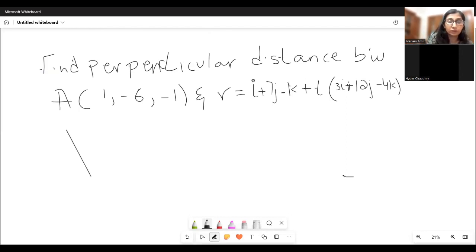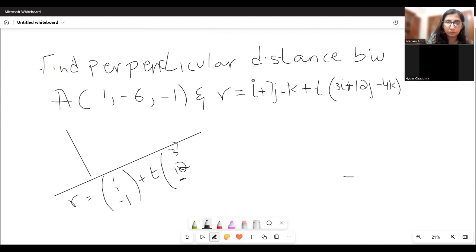For me, drawing the figure helps. Here's the line whose vector equation is R equals 1, 7, minus 1 plus t times 3, 12, minus 4. And the point A is 1, minus 6, minus 1.